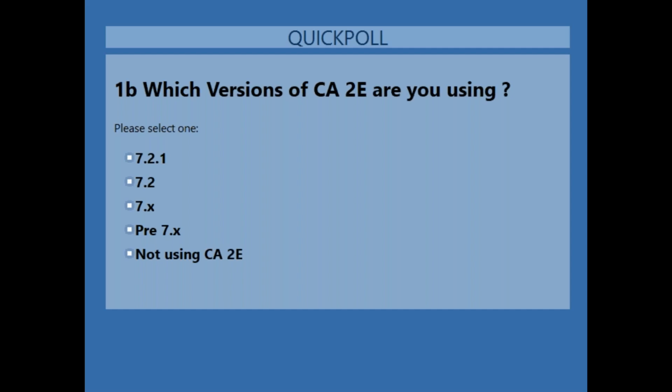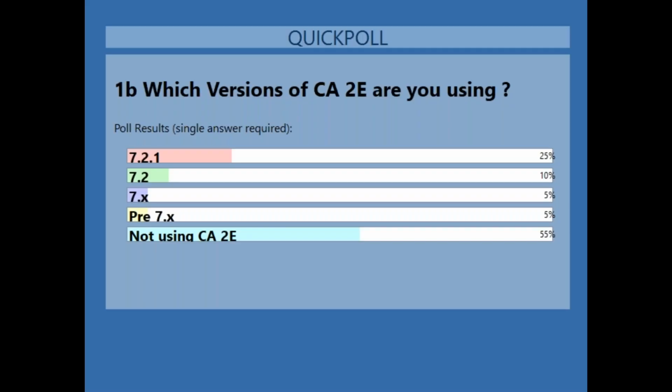Can we see the results? Okay, so a majority of you are on one of the later releases, a quarter of you, and then lesser amounts, a total of 15% on early versions. And then obviously some of you aren't using 2E because you're probably a Plex user.